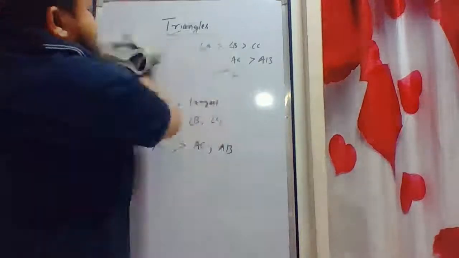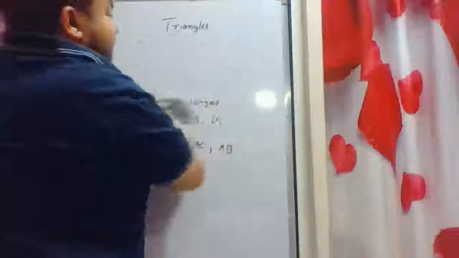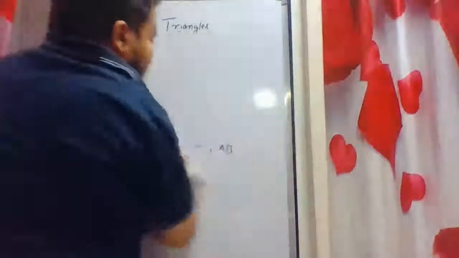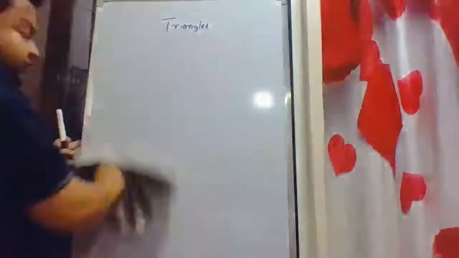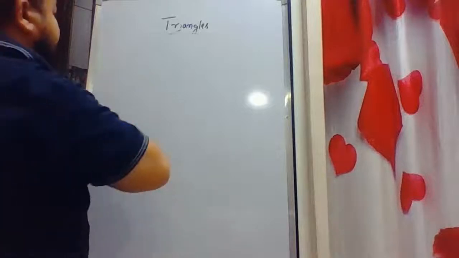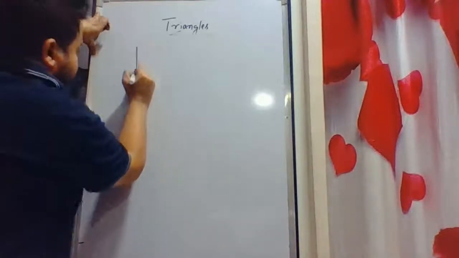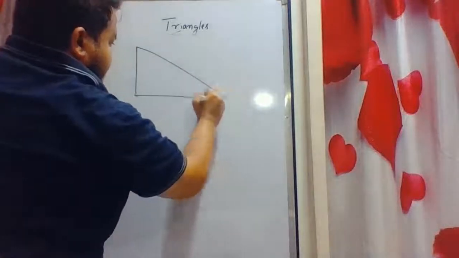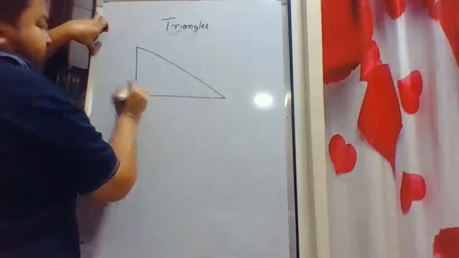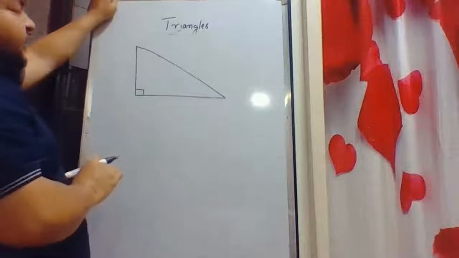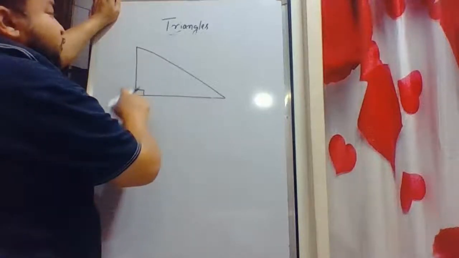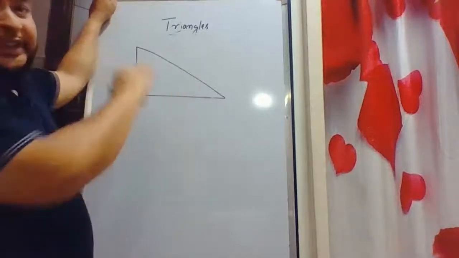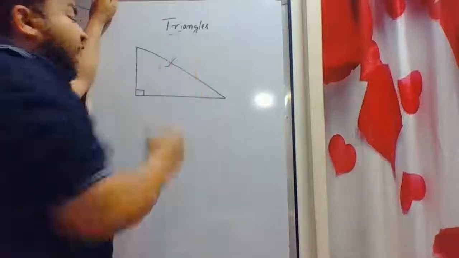Now let us compare a few other types of triangles that we already know. Let us talk about a right angle triangle. In a right angle triangle, we know that the highest angle is this 90-degree angle, and that is why which one is the largest side? This one, the hypotenuse.